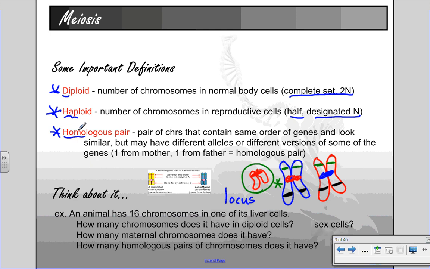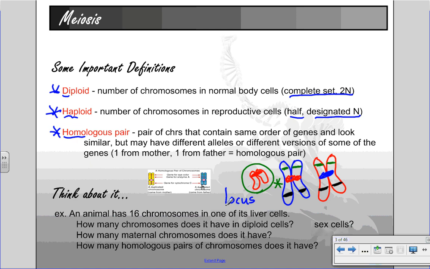So homo means same. Hetero means opposite. Same as homosexual, the person likes this person of the same gender, and heterosexual means they like the person of the opposite gender. So homo means same, so homologous.